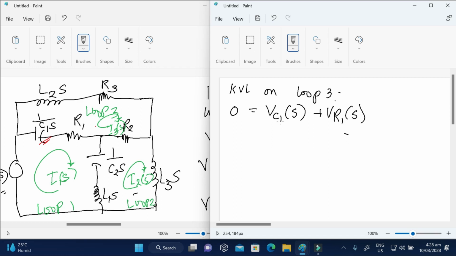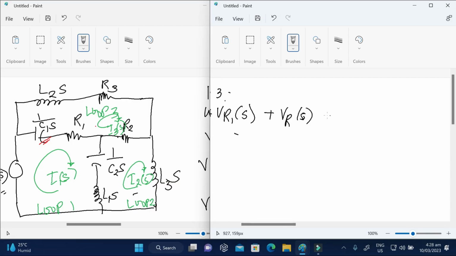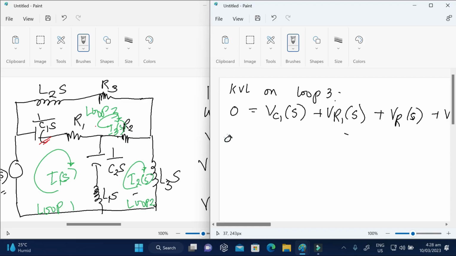Again, be equal to the voltage drops, no? VC1S plus VR1S plus VR2S. Plus, no? VL2S plus VR3S.